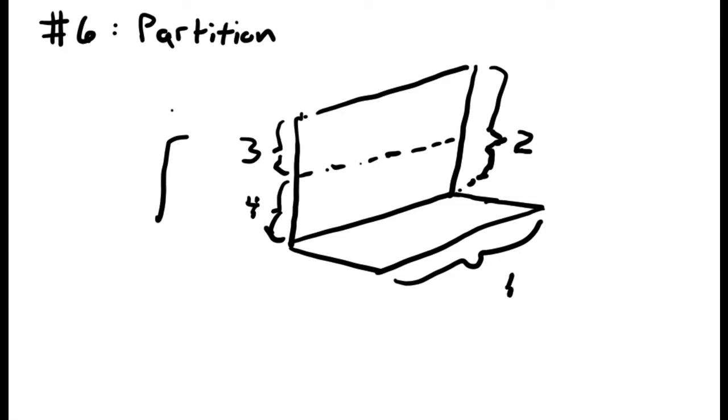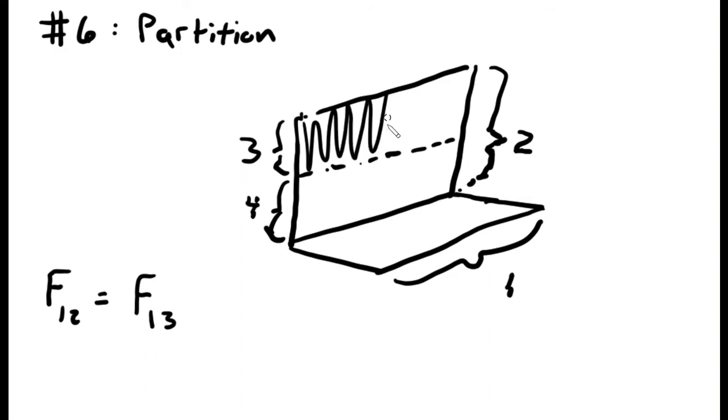Okay, so you could probably see where this is going, but the view factor from 1 to 2, so the amount of heat leaving 1 that's going to hit 2 divided by the total amount of heat leaving 1, has to be the same as the view factor from 1 to 3, being only this part, plus the view factor from 1 to 4, being only this part.